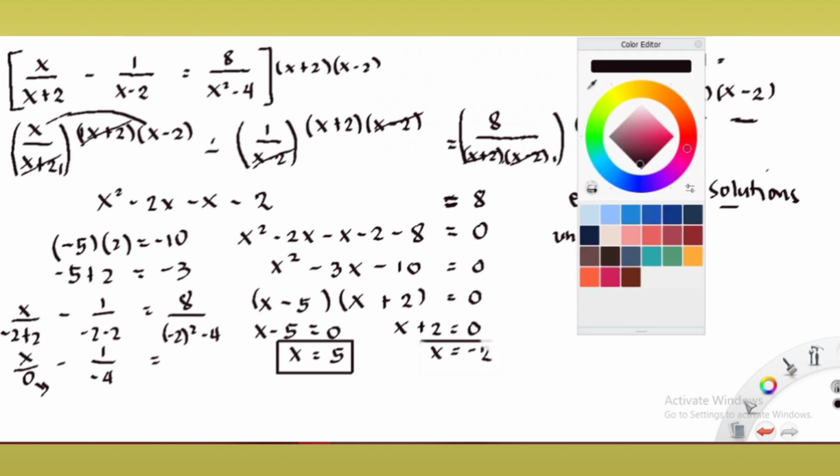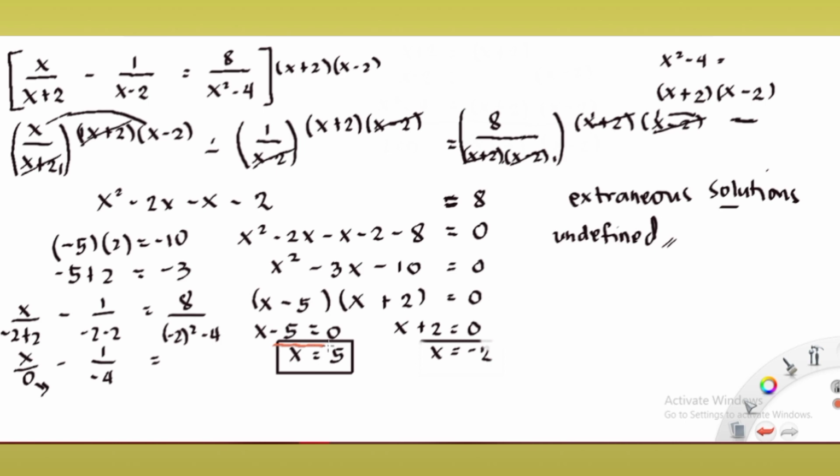Ang solution natin is x equals 5. Ito lang. Ito, we will take this answer. Okay, hindi pwede si x equals negative 2 because that is an extraneous solution. So, ito lang. Si 5 lang yung ating answer.